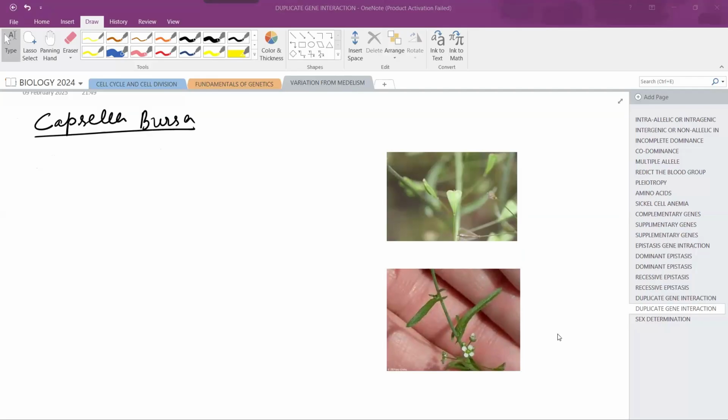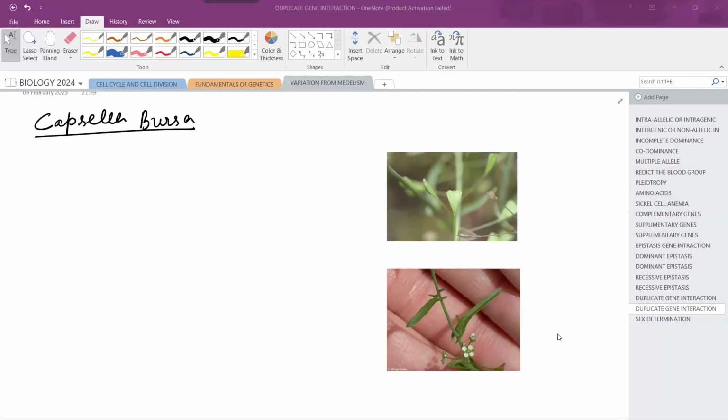Kind of triangular, and triangular and elongated. This is also known as the Shepherd's purse plant.